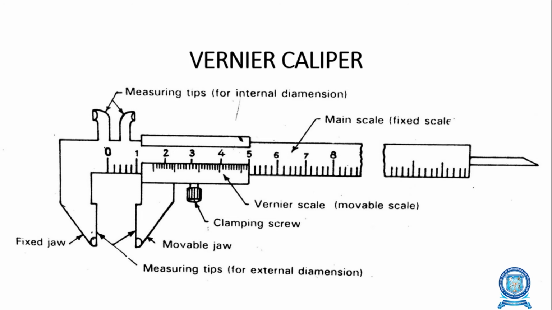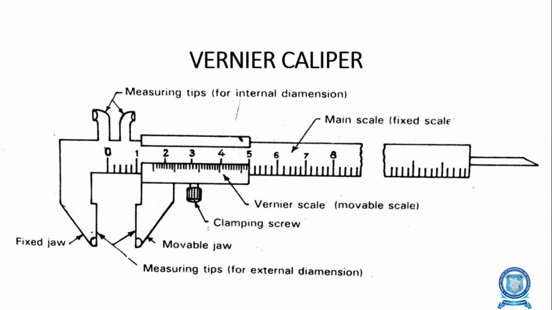One of the longest scales is named the main scale. This main scale is on the longer side of the vernier caliper and is graduated on an L-shaped frame.